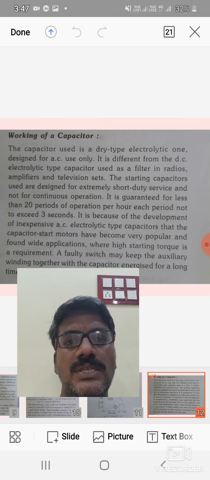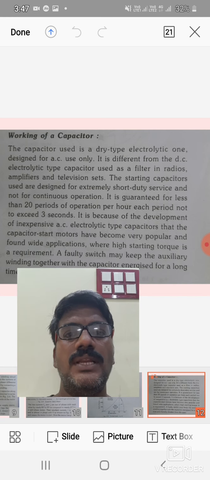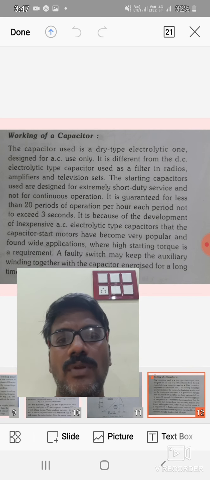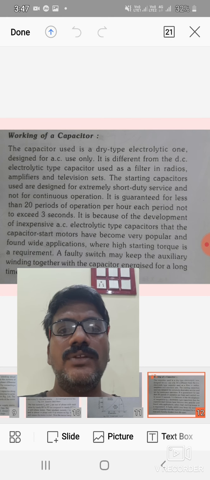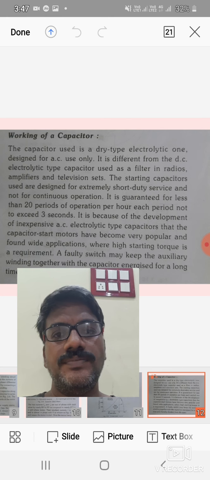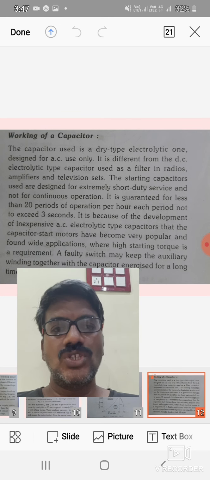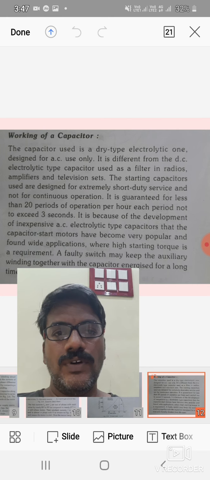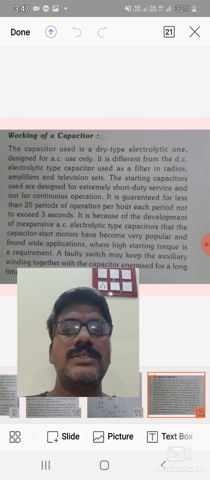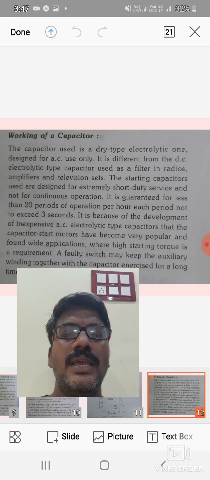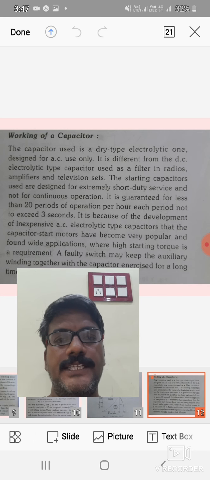It is different from the DC electrolytic capacitor used as a filter in radios, amplifiers and television, etc. The starting capacitors used for starting of induction motors are designed for extremely short duty service and not for continuous operation. It is guaranteed for less than 20 periods of operation per hour, each period not to exceed 3 seconds.